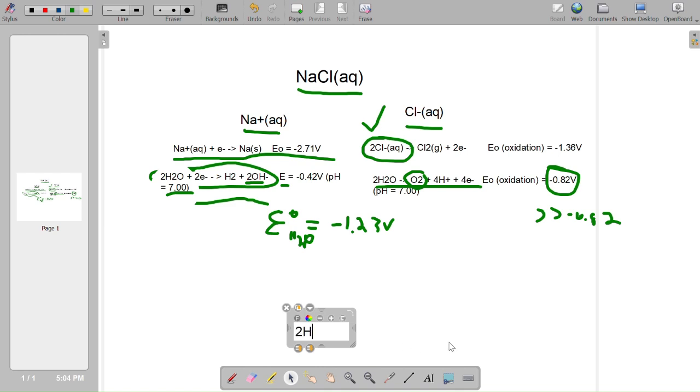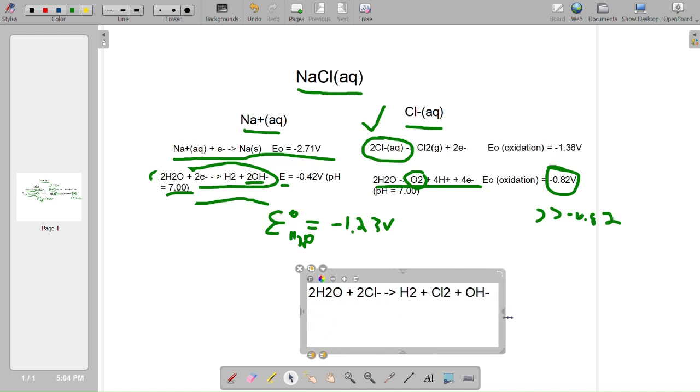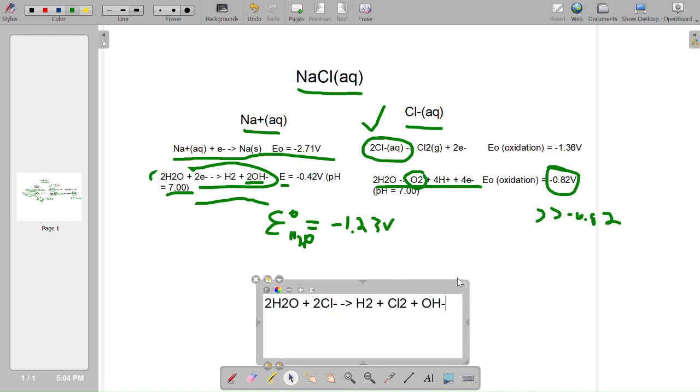You would have 2H2O plus 2Cl minus gives you H2 plus Cl2 plus OH minus. And that would be your overall electrolysis reaction equation.